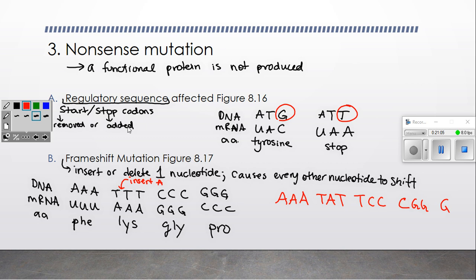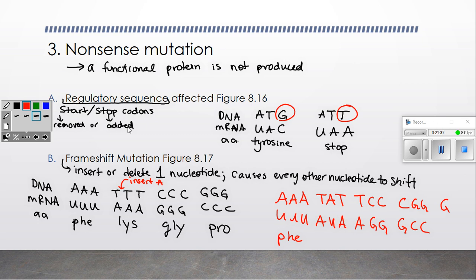So look at how much we changed. Not only that nucleotide that we inserted, but now all of the codons are different than they were before. If we look at the mRNA that's going to give us, U, U, U, A, U, A, G, G, G, C, C. And then we look at the amino acid sequence that comes because of that.